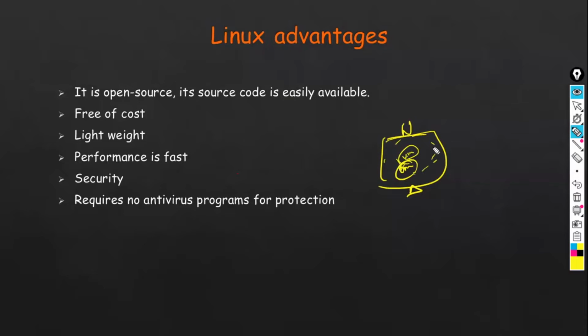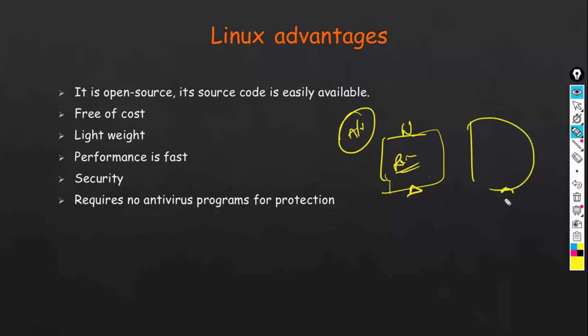That virus spreads across your Windows OS. What do you need to do? You need to install antivirus software to remove it. Otherwise, you need to uninstall each and every software, or uninstall the complete Windows operating system and reinstall.